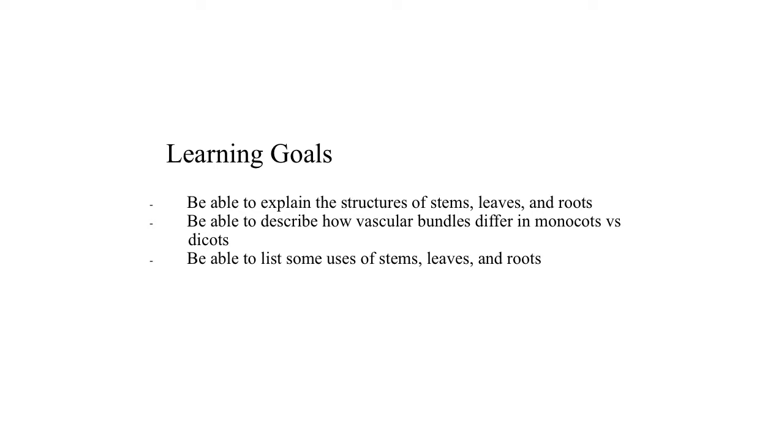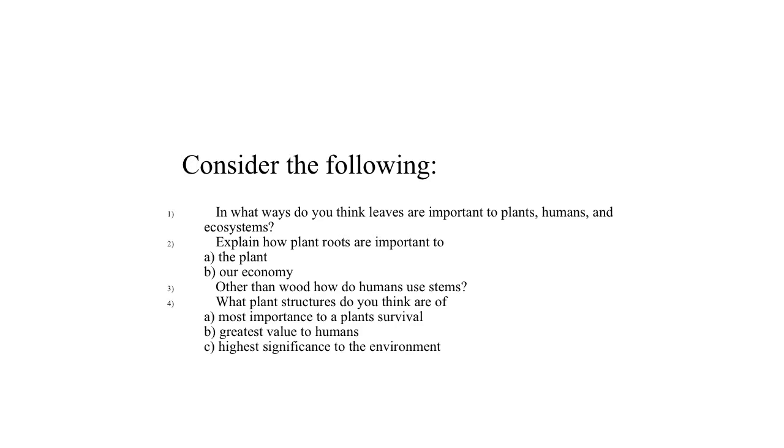And then I also want you to be able to list some of the uses of stems, leaves, and roots, because plants are important to humans. And the uses of stems, leaves, and roots are one of the ways that they are important to humans. Now, coming into this unit, you will know a lot about plants already. They're everywhere.